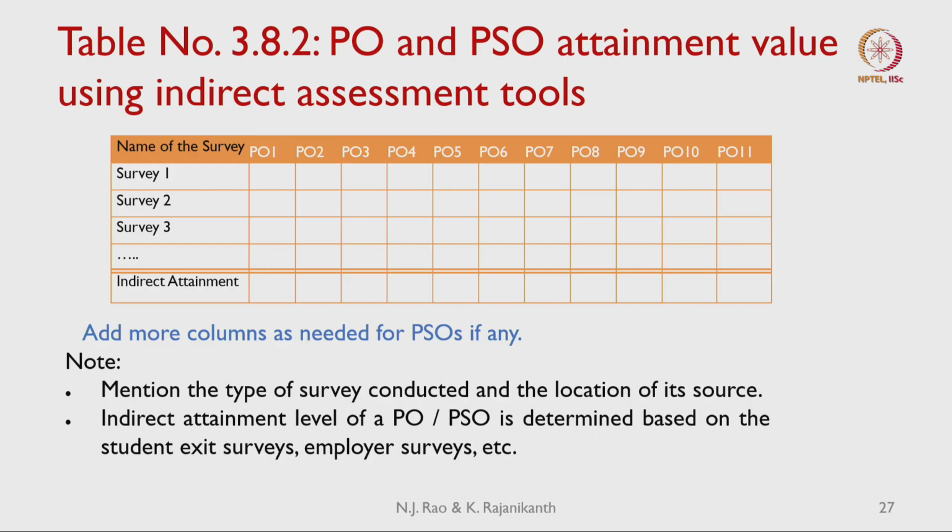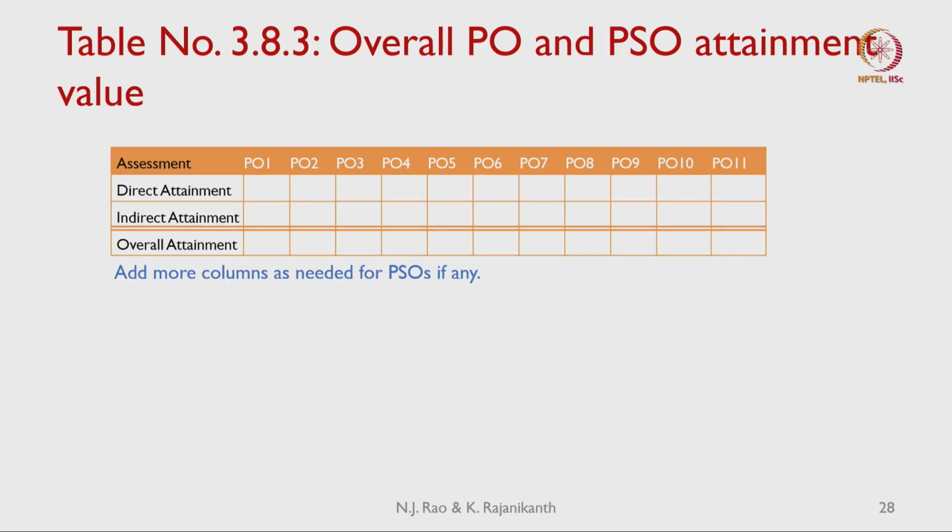And the direct attainment and indirect attainment are combined together to determine the total attainment. Okay. And what is the ratio in which they are combined? There is no hard and fast rule, but typically 80%, 20% has been a very common way of combining these two attainment values: 80% to the direct attainment value, 20% to the indirect attainment value.